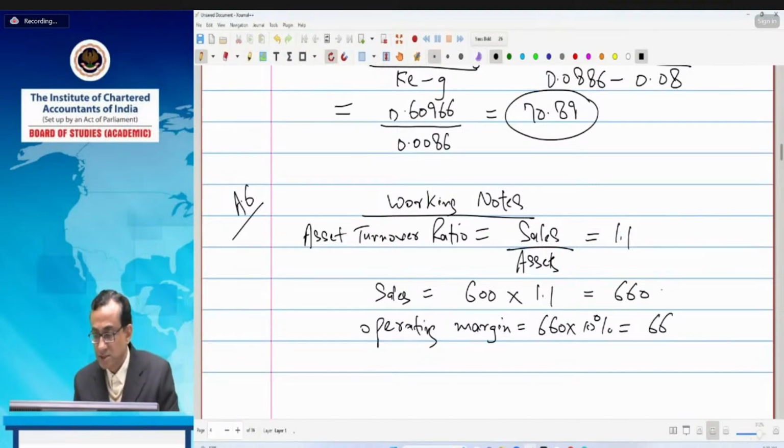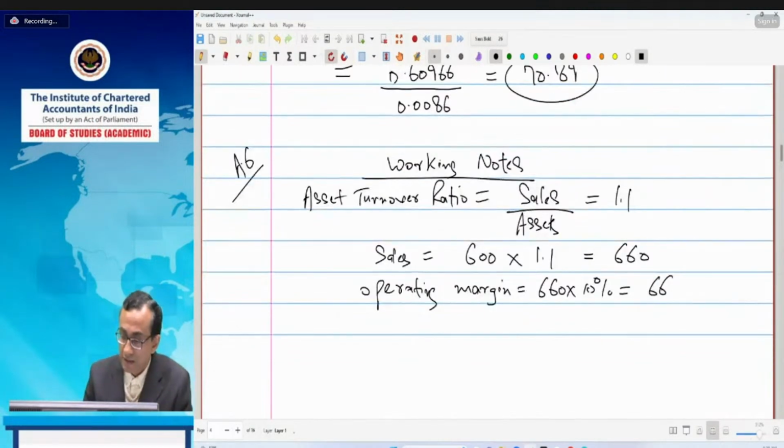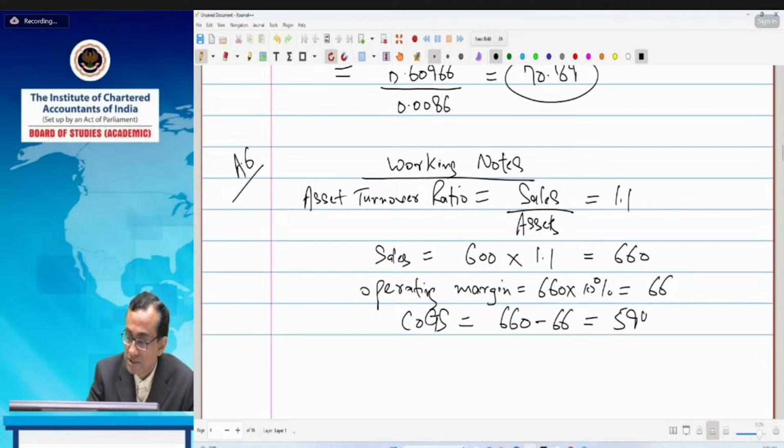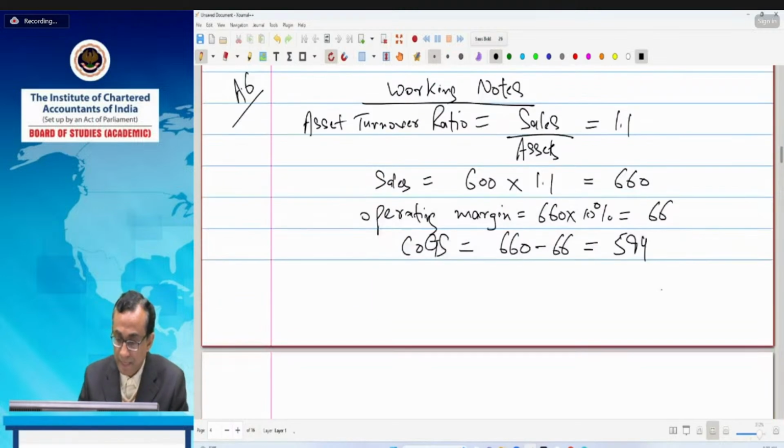If operating margin is 66, then what will be COGS, that is cost of goods sold? It will be sales minus operating margin. So 660 sales minus operating margin, 594 will be the COGS, that is cost of goods sold.